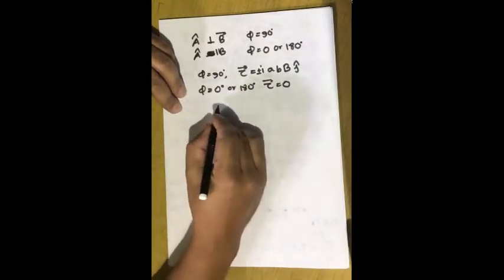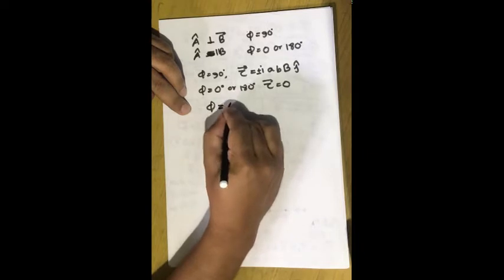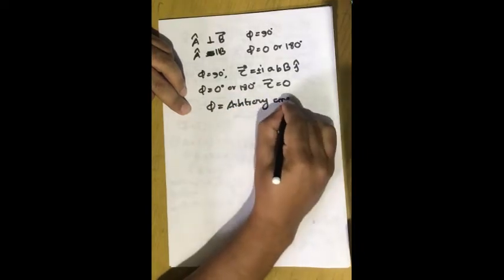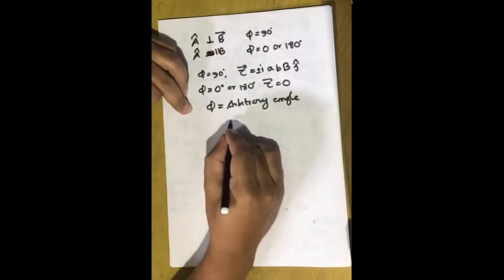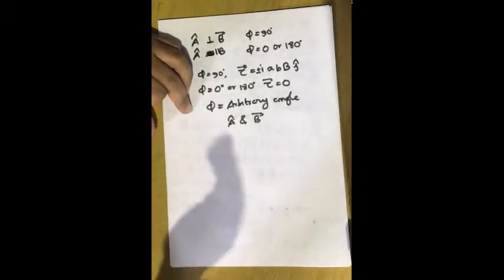Now we are going to do the calculation for phi at any arbitrary angle. That means the area vector A cap and magnetic field B are at an arbitrary angle.